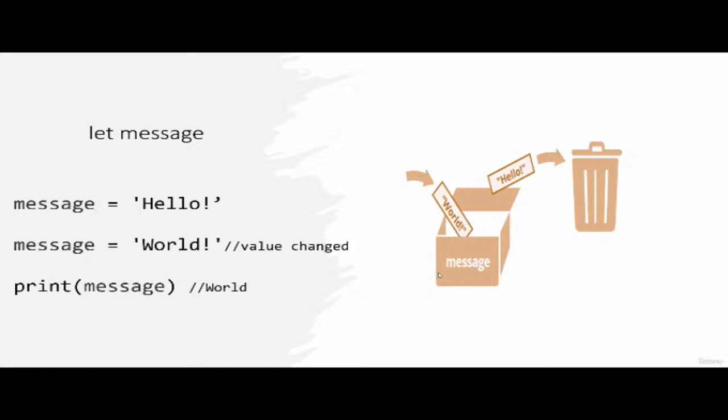So the latest value or the latest information that we have inside of this variable is world. So it is going to print out world because it has thrown out the old information or the previous information into the dustbin and then just stored the latest information inside of this box message or this variable message.